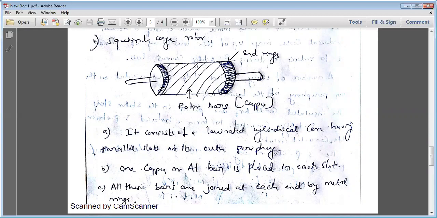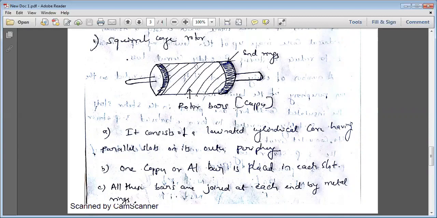Inside, these lines indicate the skewed construction type. This is short circuited. This is a hollow cylindrical laminated core. These are the rotor bars.